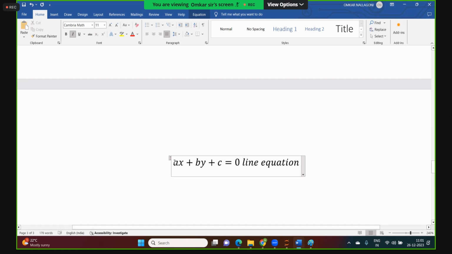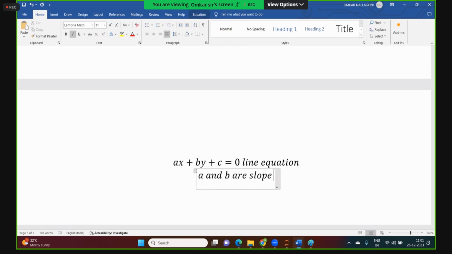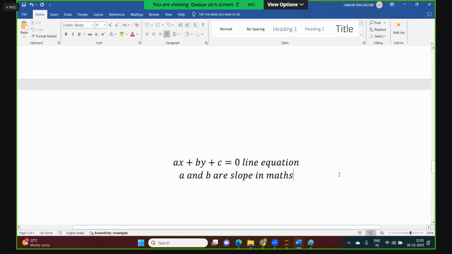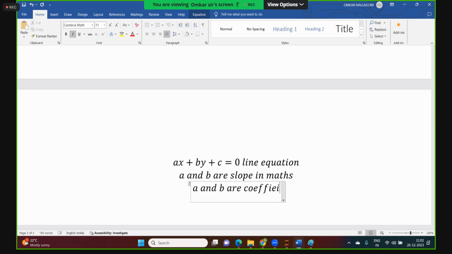A and B are slopes in school maths. But here A and B are coefficients in machine learning. And A and B are what we call weights.